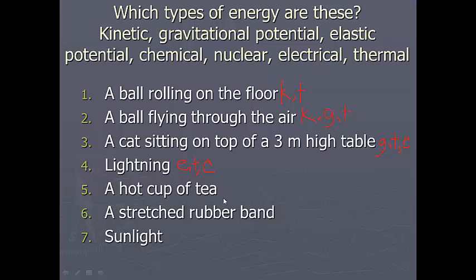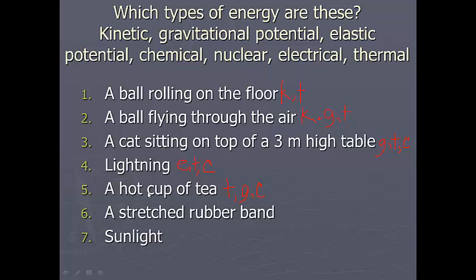The first thing that comes to mind there would be thermal energy. Now, the cup of tea is probably not sitting on the ground, it's probably on a table, so it's going to have gravitational potential energy. It may have the possibility of chemical reactions, so maybe chemical energy.